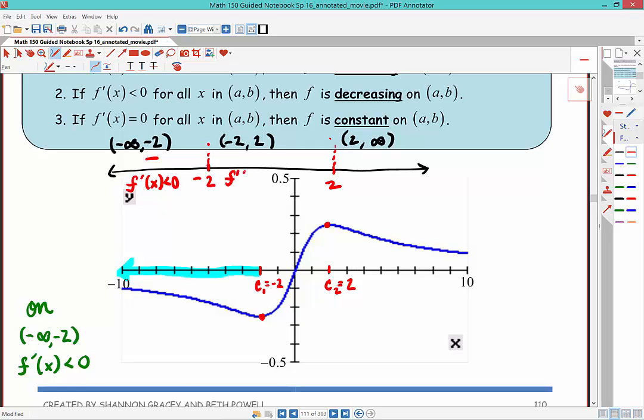Let's check out what we think is going to happen on the other intervals.